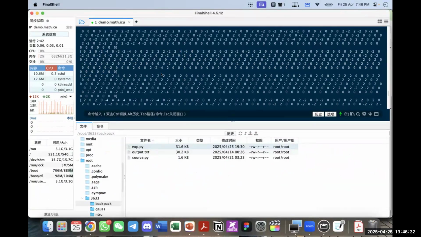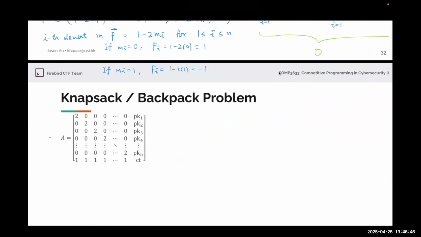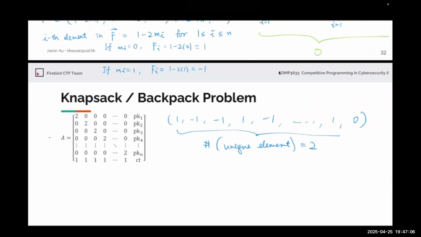So there are a lot of different elements inside. But if we have a row that only has 1, -1, -1, 1, -1, and the last one is 0, then the number of unique elements will be equal to 2. So we make use of this property to find the row that we want.